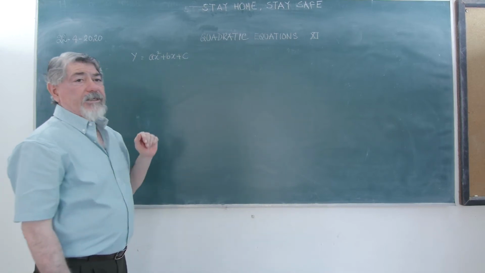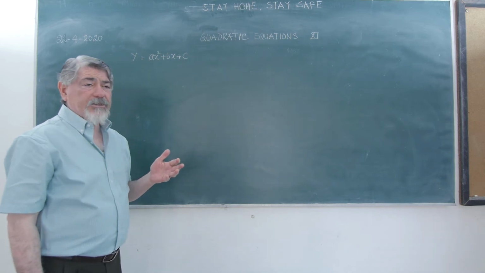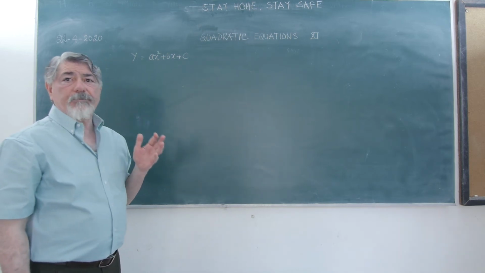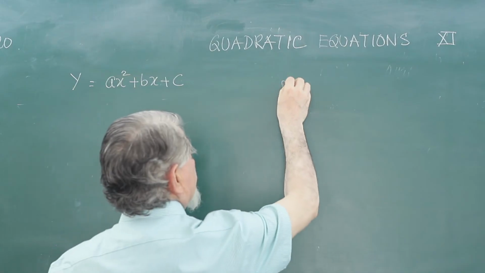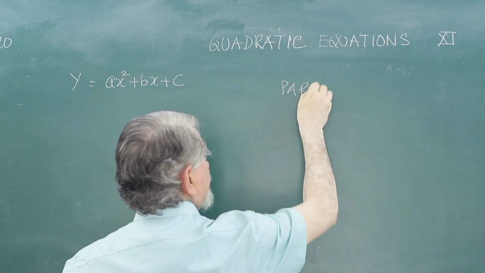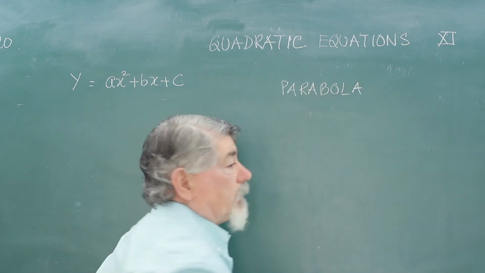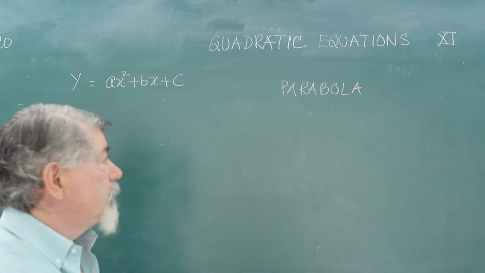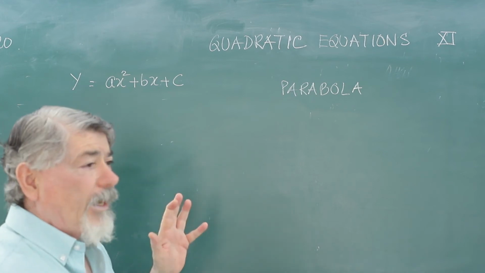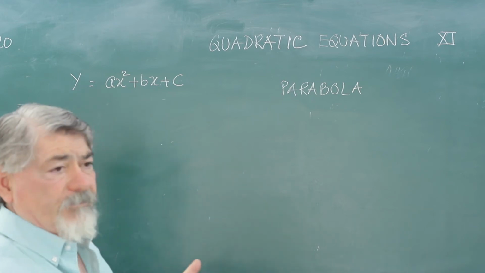This quadratic equation, or any quadratic equation, actually represents a parabola, which you will be studying later in your conic sections.